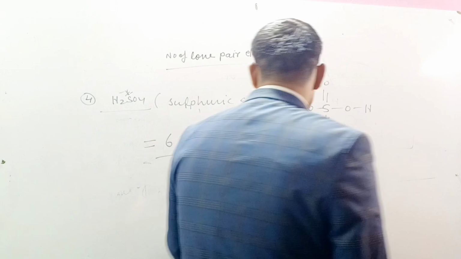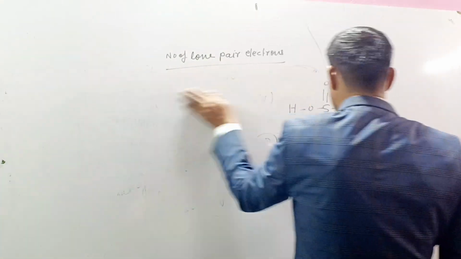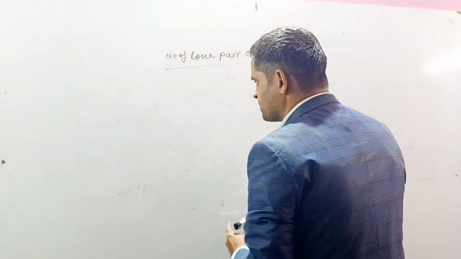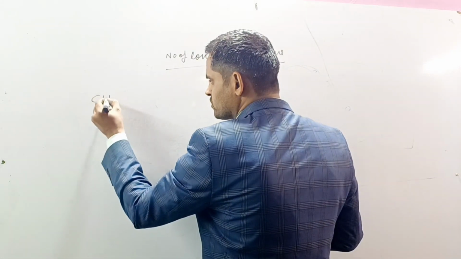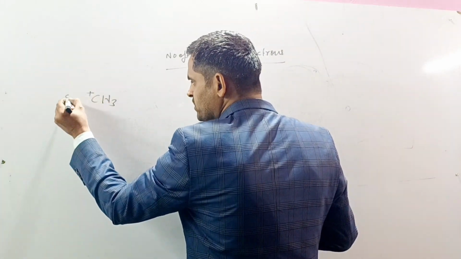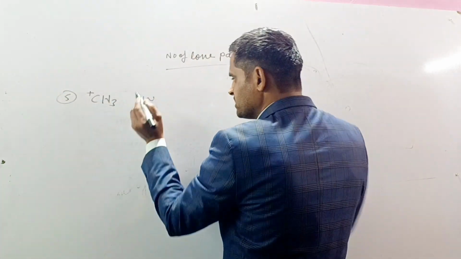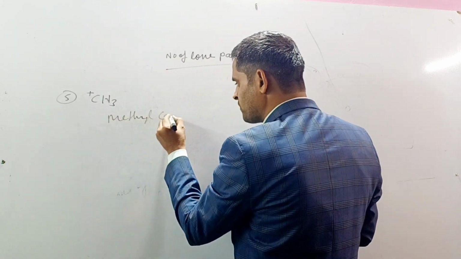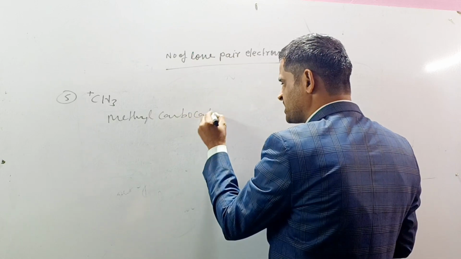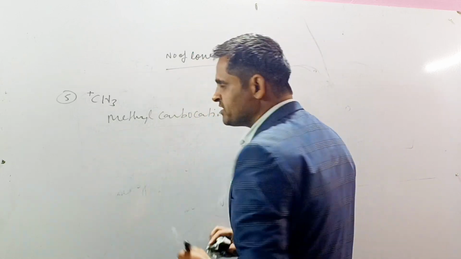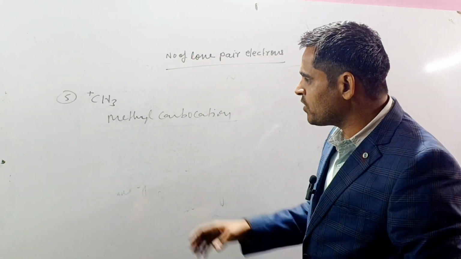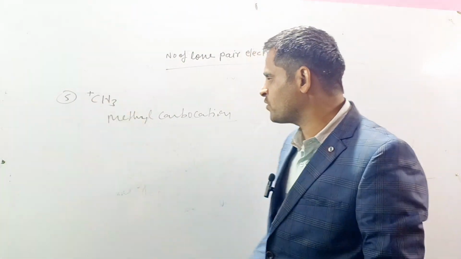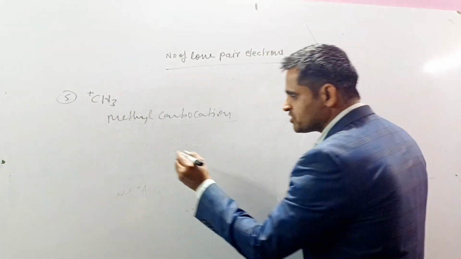Now after that, the methyl carbocation. Now the next compound is methyl carbocation. This is known as methyl carbocation. And the number of lone pair electrons in methyl carbocation we will calculate this way.